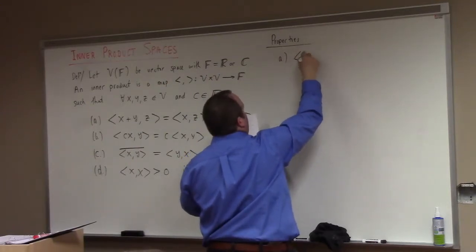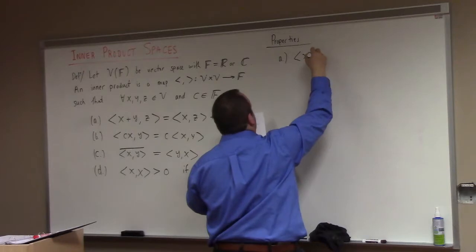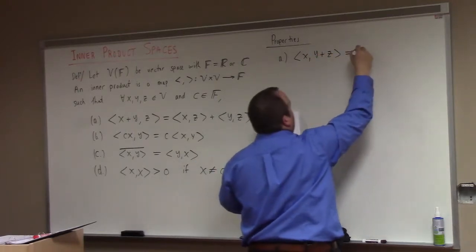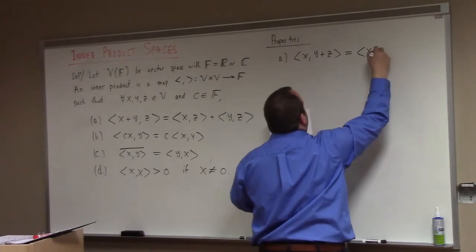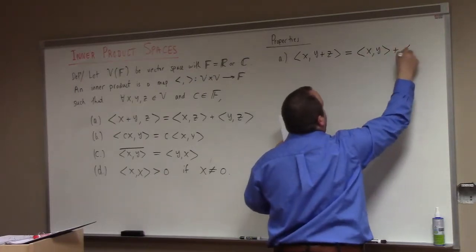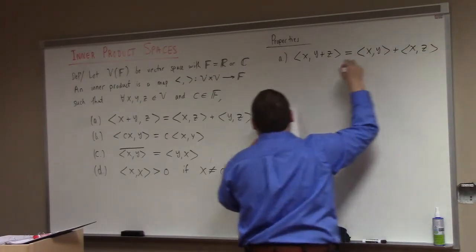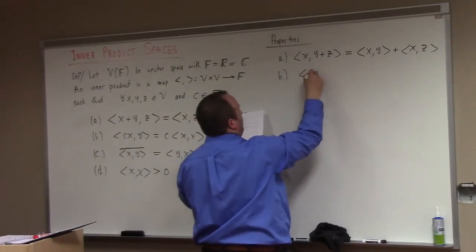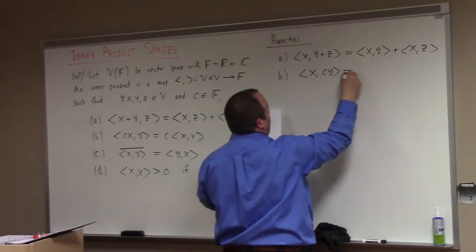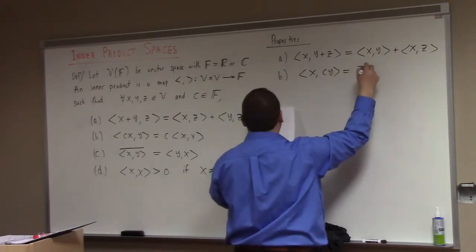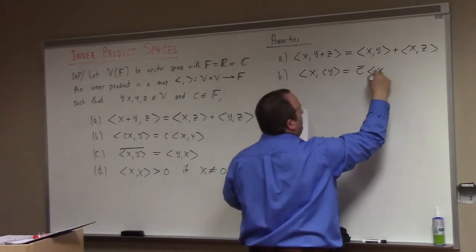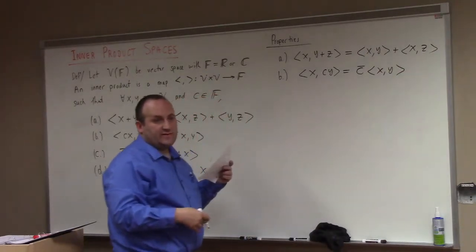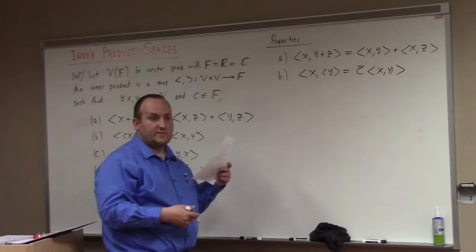First of all, if you have what we already have, you can prove that we also get linearity, additivity in the second slot. You can also prove that, generically speaking, if we have <x, cy>, we'll get the complex conjugate of c times <x, y>. Of course, in the case that the field is just real, we just pull out a plain old scalar, because c bar is just equal to c if we're working with the real field.